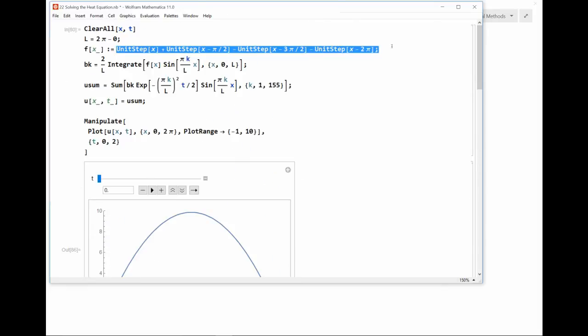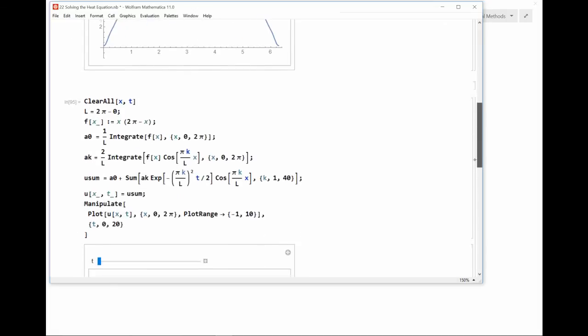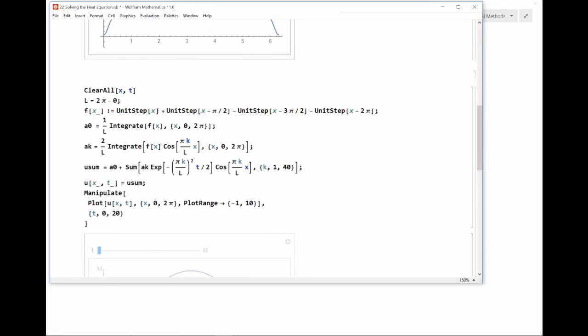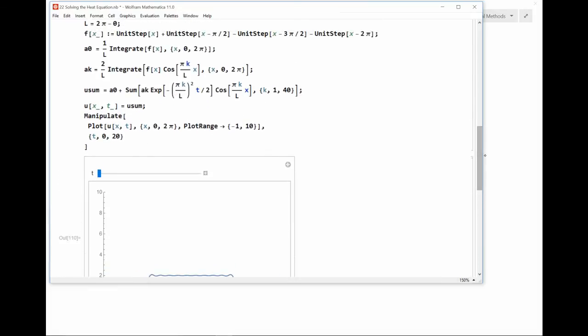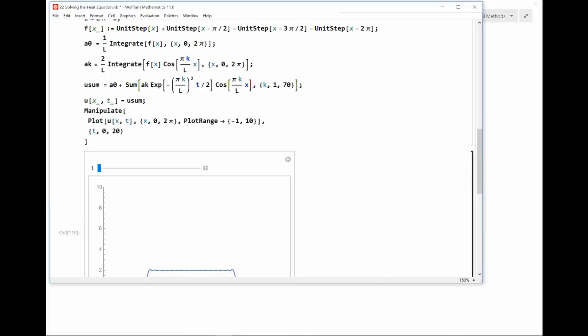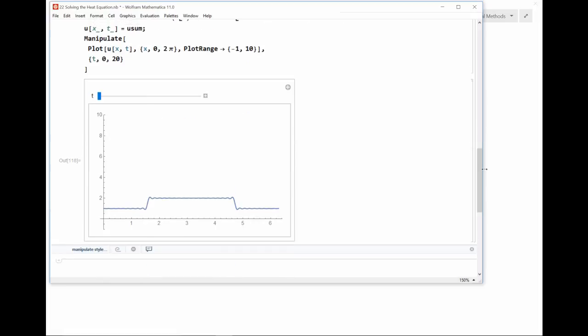Just as before, we can also try to experiment with discontinuous functions. So I'm going to copy the function I defined before and try to compute the same approximation for it. Again, we need more terms to represent the function more or less accurately, and the ever-present Gibbs phenomenon is showing up.